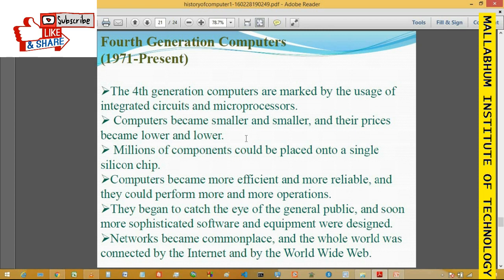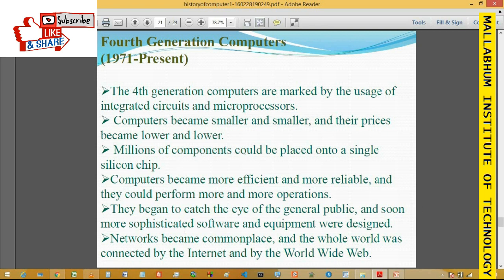Fourth generation, 1971 to 1978 or 80 almost. The fourth generation is the microprocessor era, with technology associated with LSI and VLSI and semiconductor memory. A large amount of semiconductor memory can be placed in the computer system because of the very small physical size of the memory and the high amount of memory associated.